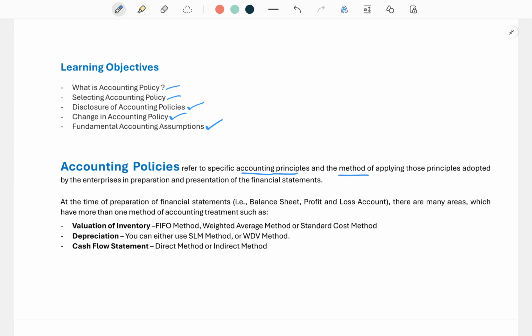For example, to value inventory, the company can choose FIFO method or weighted average method. For providing for depreciation, the company can follow straight line method or written down value method. So which method the company is going to follow is that company's accounting policy.